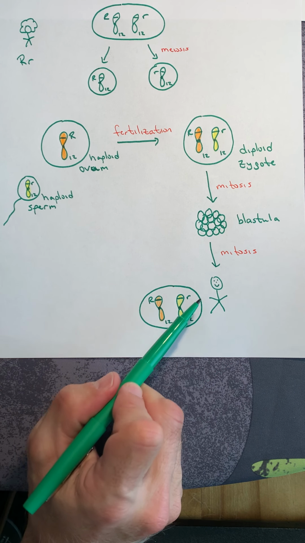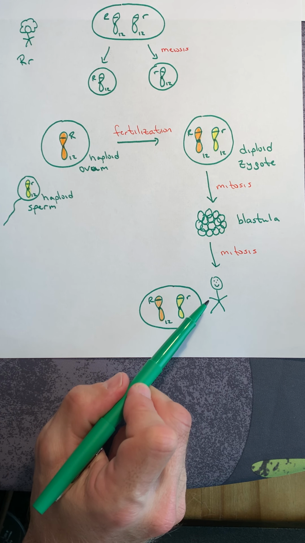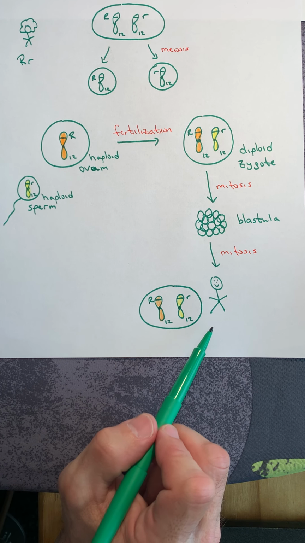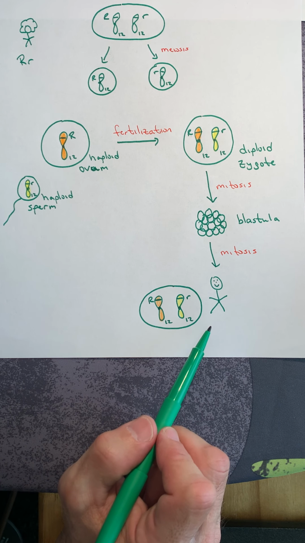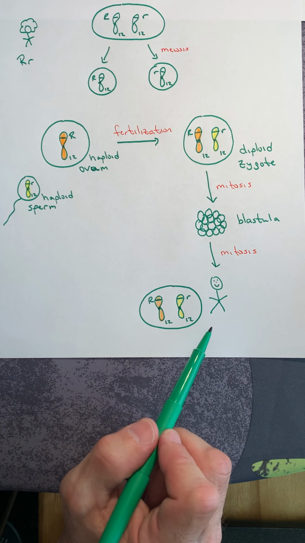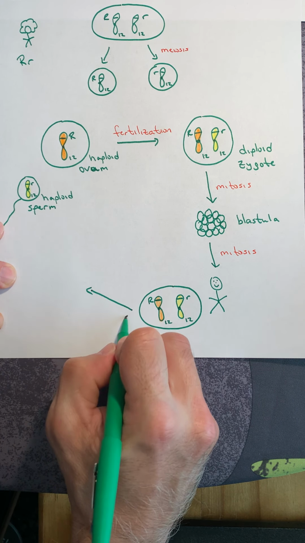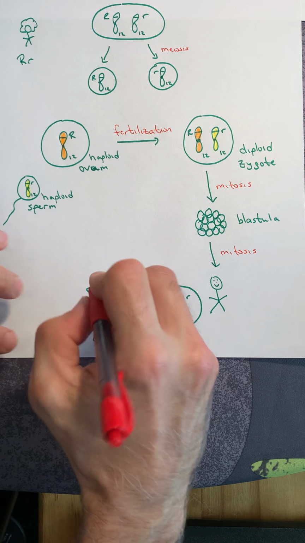Well, he then goes through puberty. Puberty is the process that converts a child that cannot sexually reproduce into an adult that can sexually reproduce. That's what puberty is, right? And then when he goes through puberty, he will start going through meiosis himself.